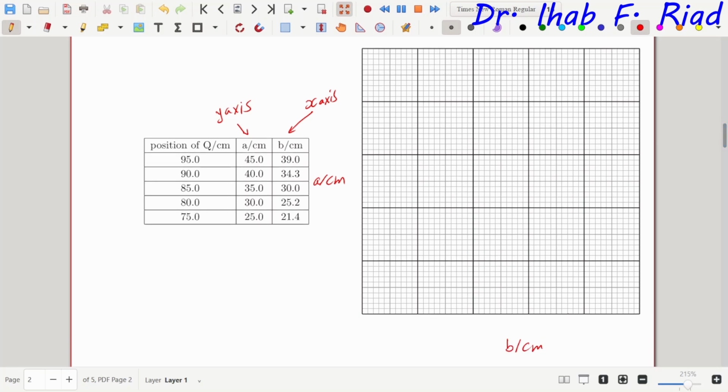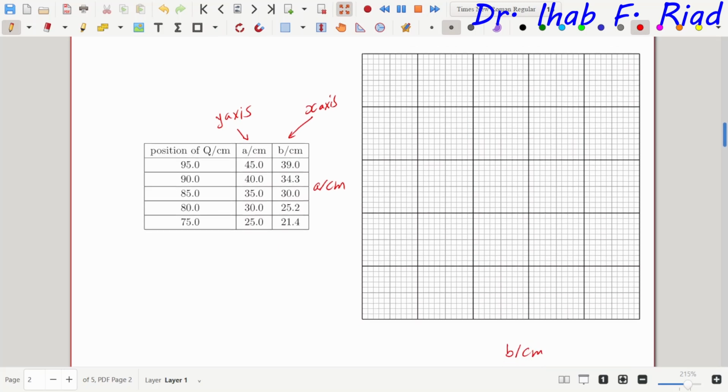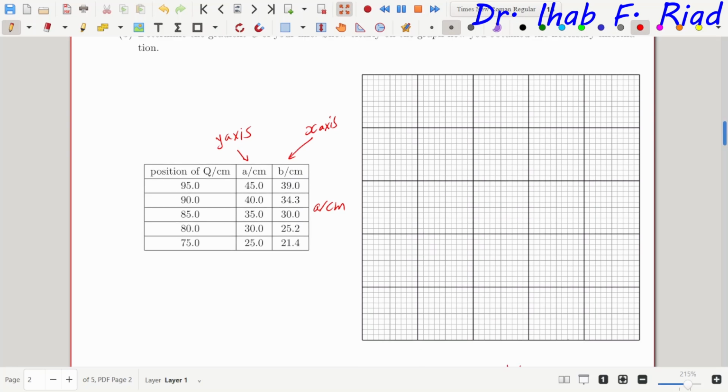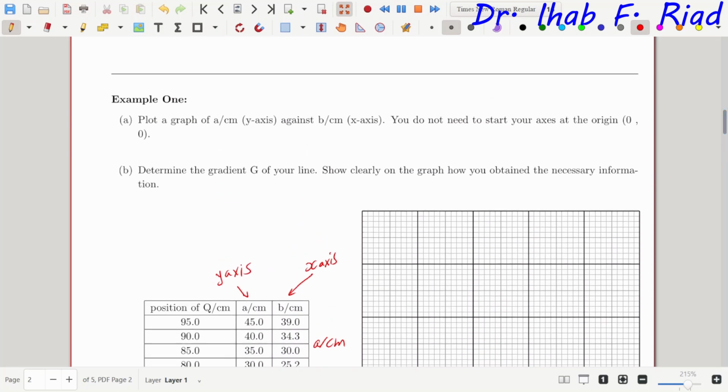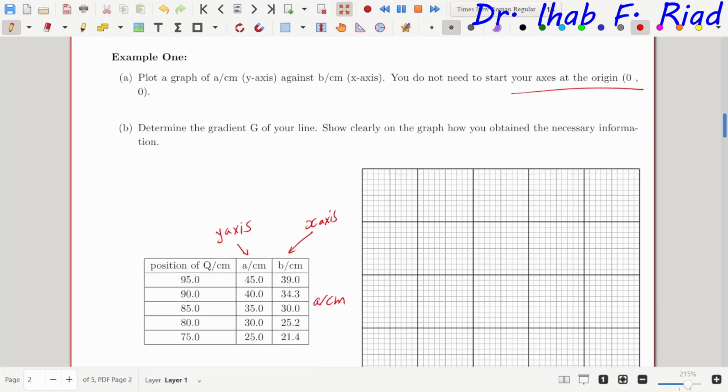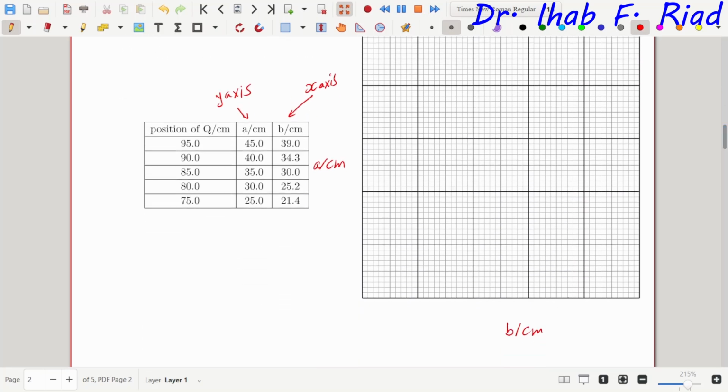So you make the symbol for the axis, and you also put the appropriate unit. Okay. Now let us see how we are going to proceed. We don't need to start from 0, 0. Okay. Now let us look at the x-axis.